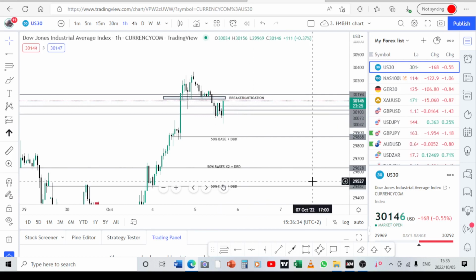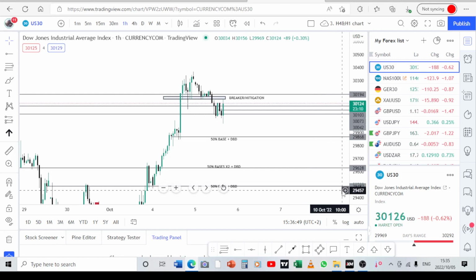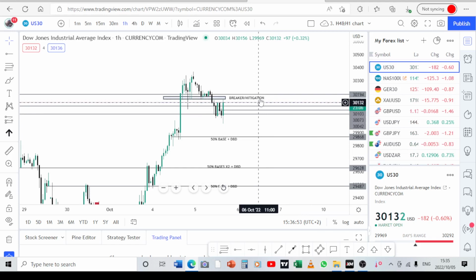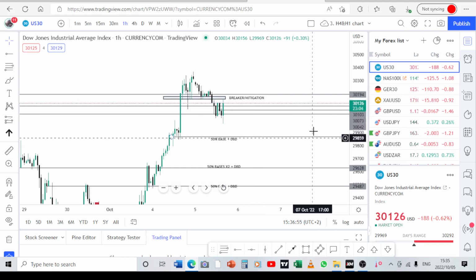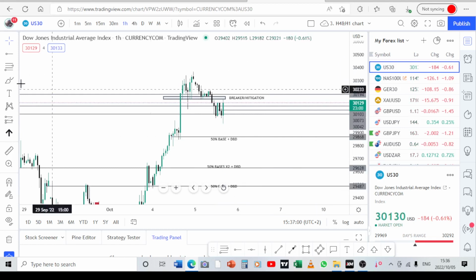Let me see if I can get in and try to capitalize more on this one, after price went into the mitigation area right on H1, and let's see how it will play out.